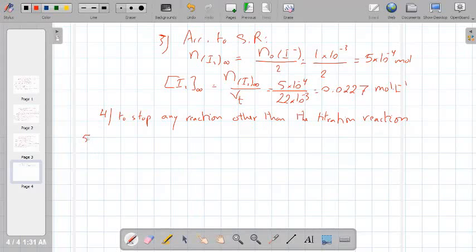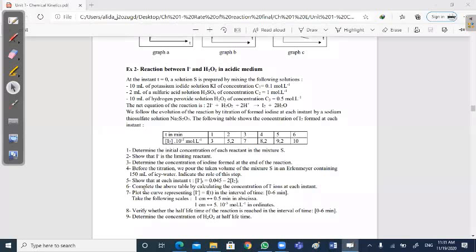5. Show that at each instant, the concentration of I minus at instant t equals 0.045 minus 2 times the concentration of I2 at instant t. Connect to the relation.